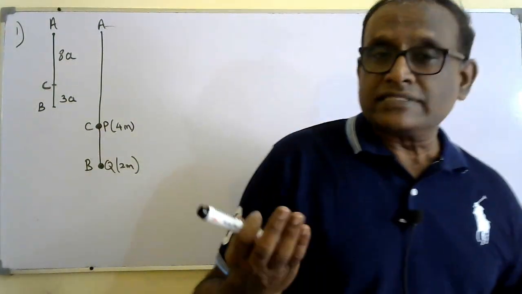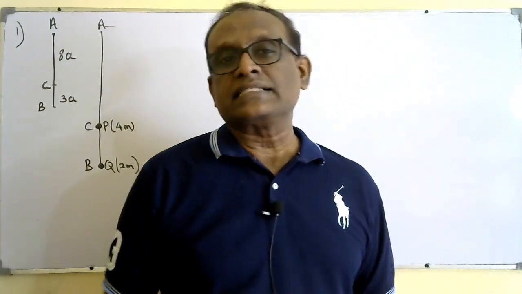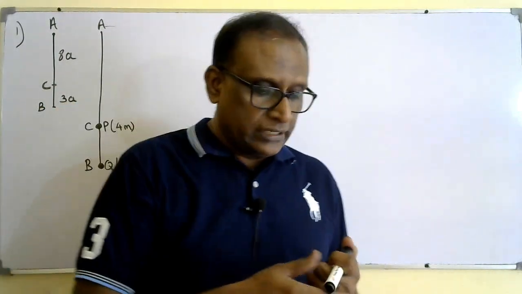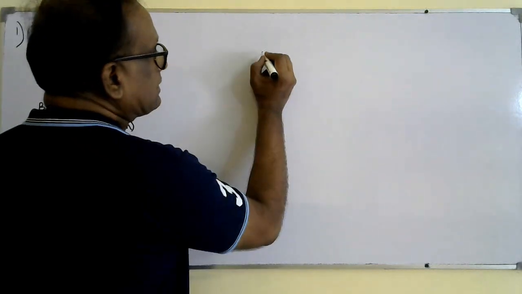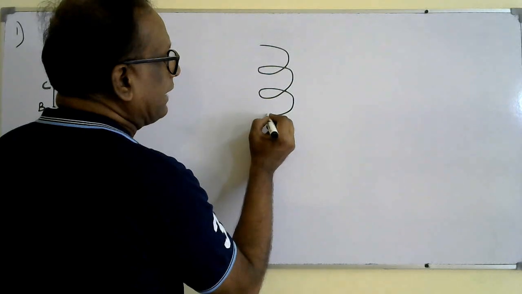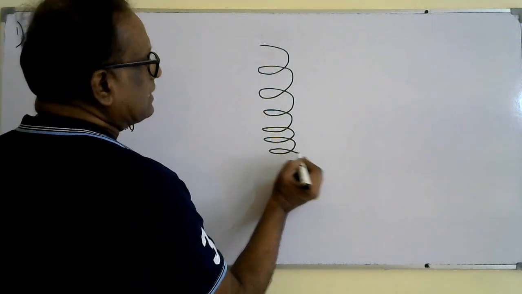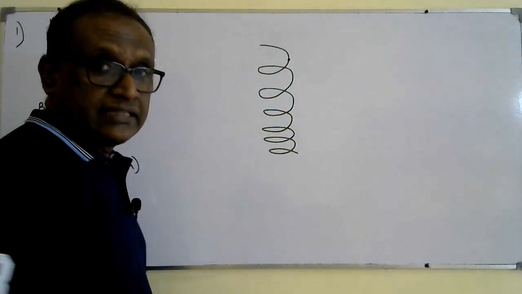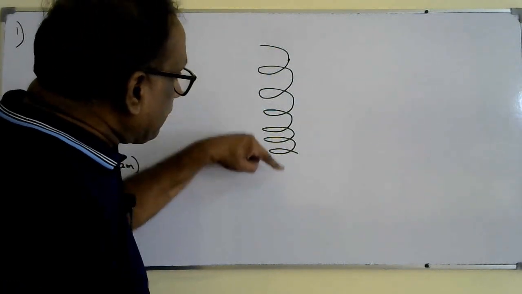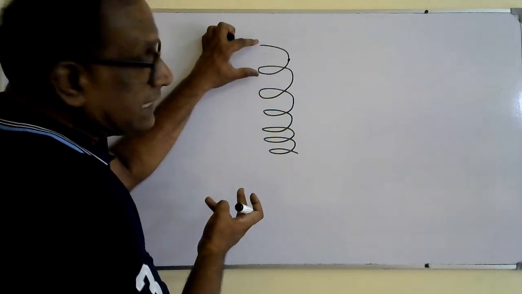You would have seen that when you hold a slinky, normally the weight is not negligible. Say if it is a metal slinky, a copper slinky, if you hold it, you will see the slinky looks like this. The upper part will have larger extension, and the extension gradually decreases. You would have seen that. The reason is, when you consider this portion, the tension is due to the weight of the portion below that point. So the weight of this portion acts here, so the extension is more.